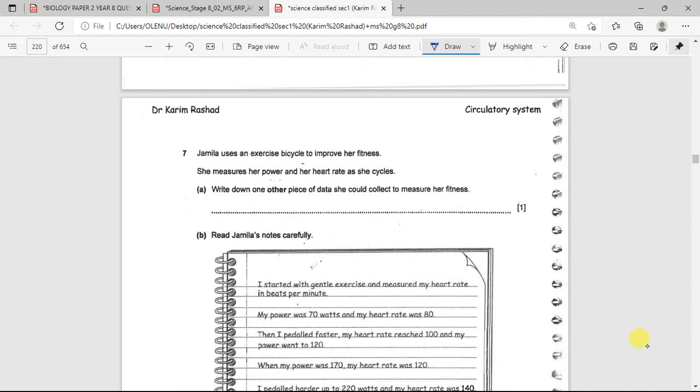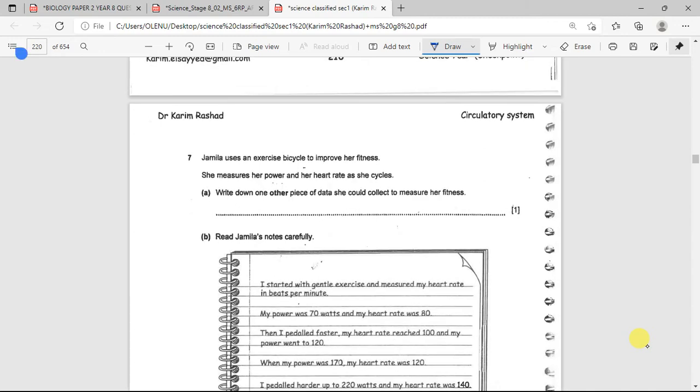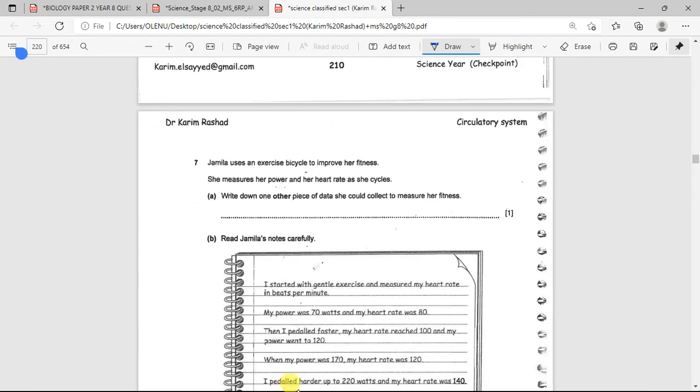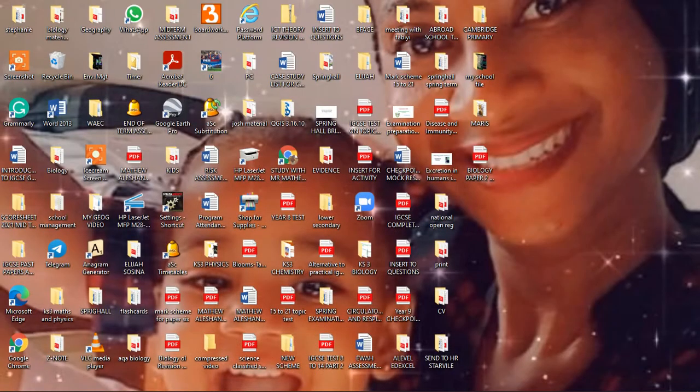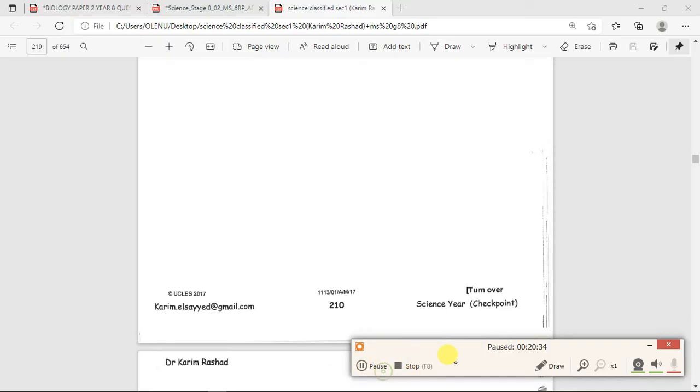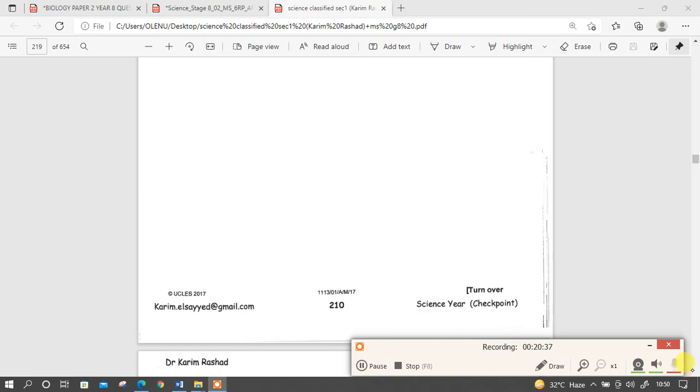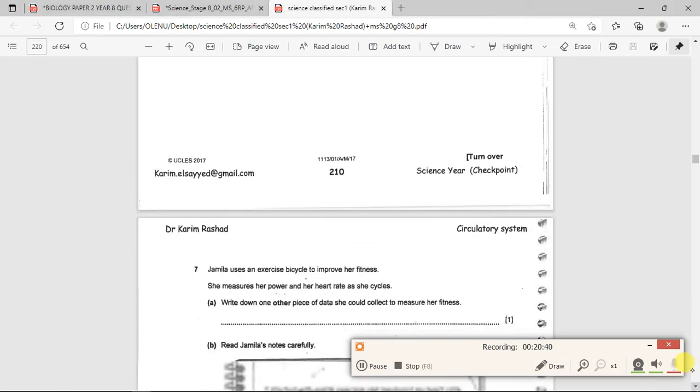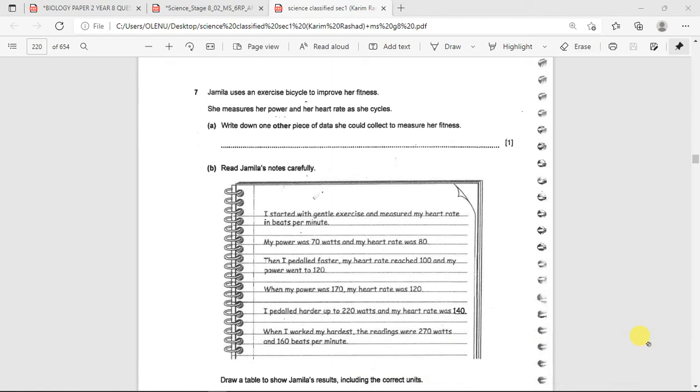Jamila uses an exercise bicycle to improve her fitness. She measures her power and heart rate as she cycles.